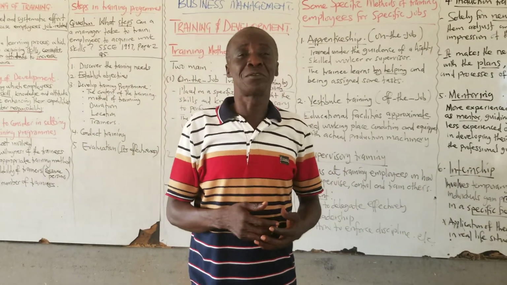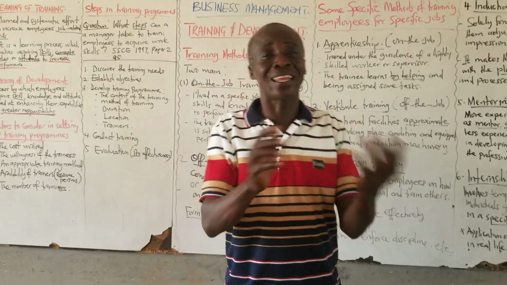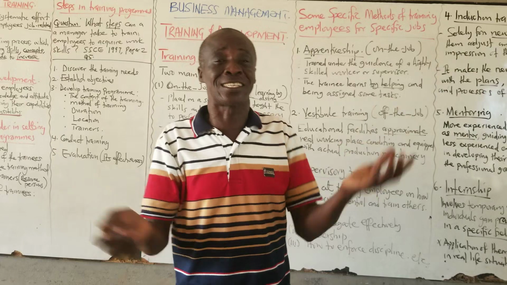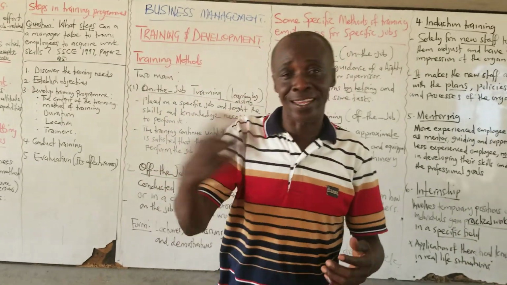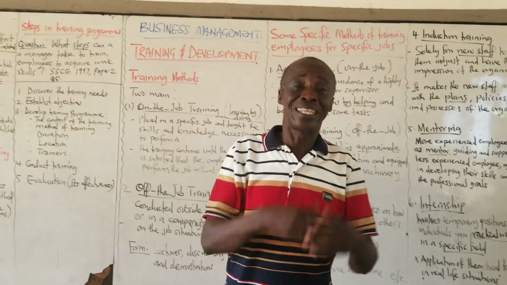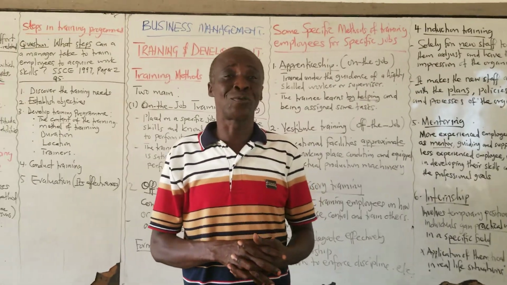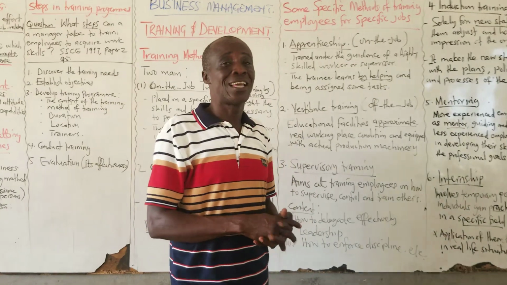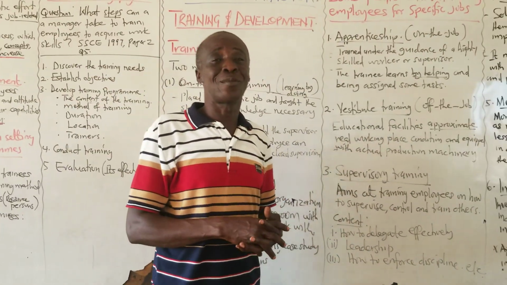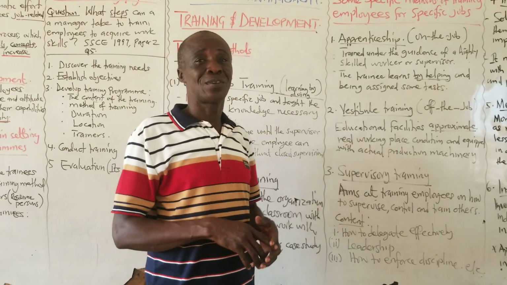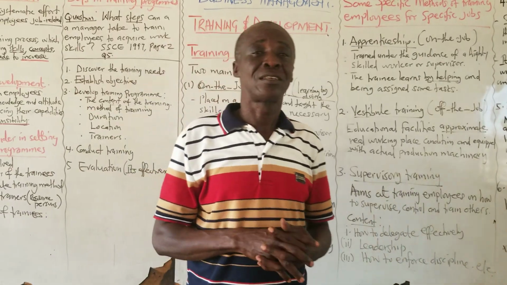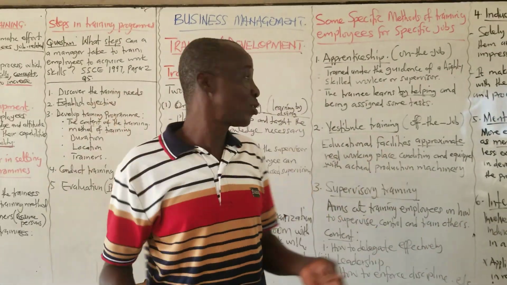Apprentices acquire those skills, some of them within on average 3 years. So if somebody is a carpenter, within 3 years the person should be able to acquire the skills to become a master. A tailor, the same thing, and so forth. And we know jobs that are usually meant for apprenticeship: carpentry, tailoring, masonry, and so on and so forth.